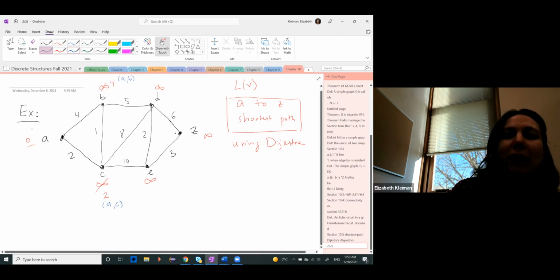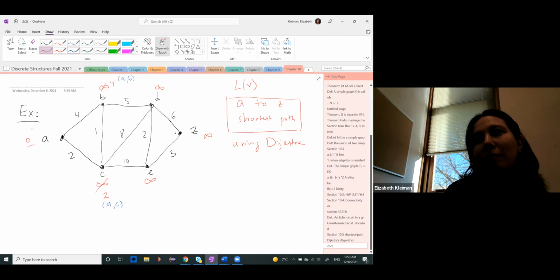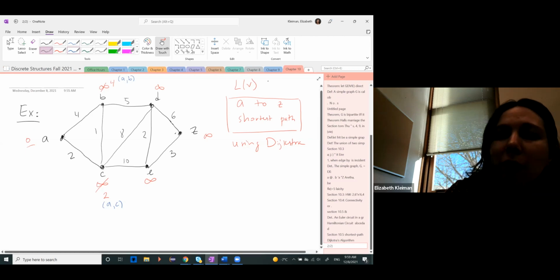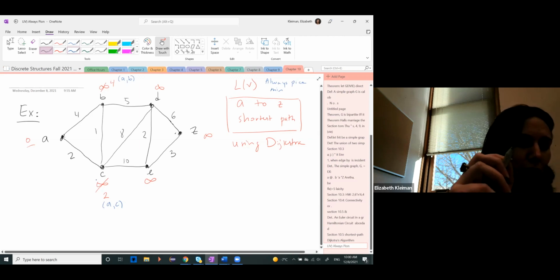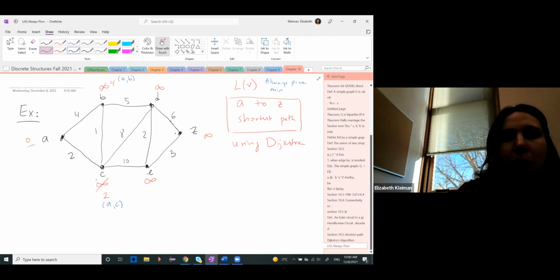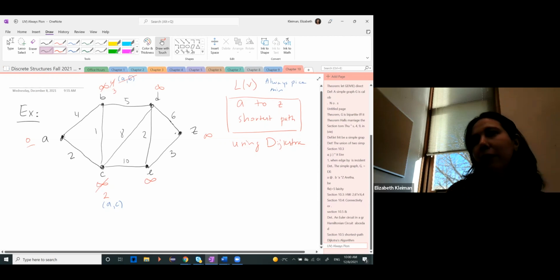Do I want this number to be as small as possible or as large as possible? Small, correct? So it's always pick the minimum value you can get, correct? So by doing that, I will be able to change the value of 4, which now is going to become 3, correct?